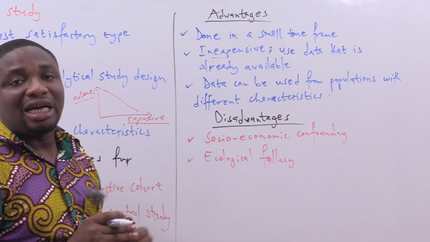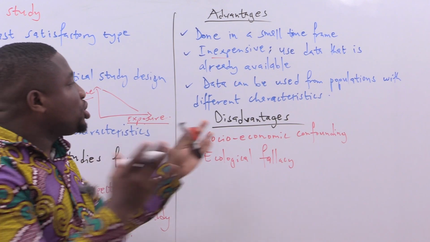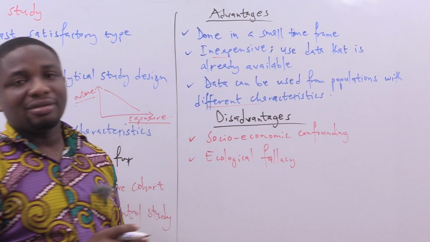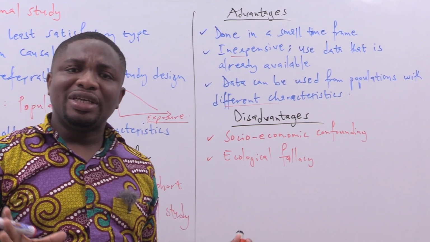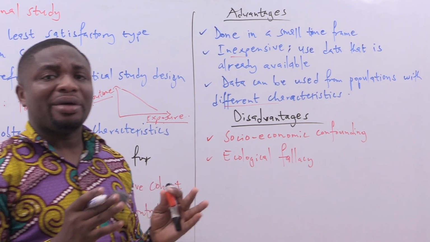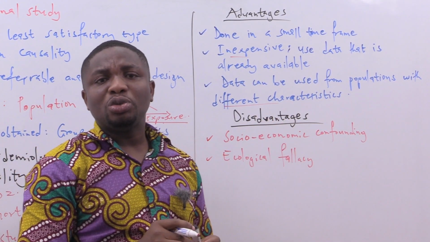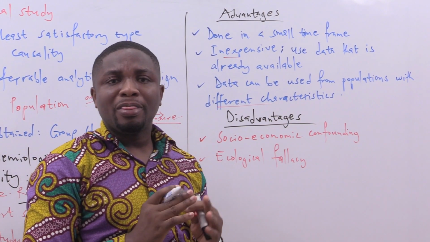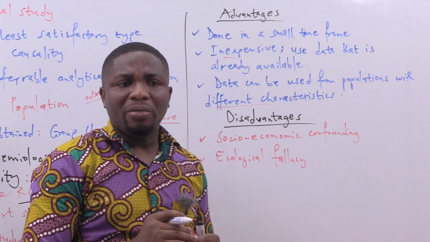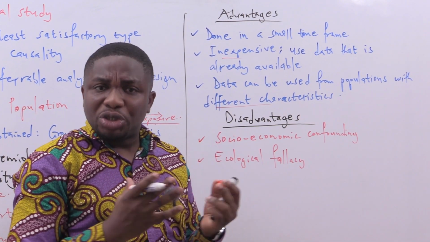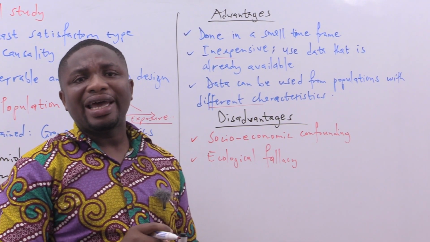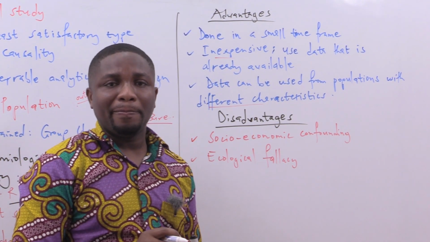The next advantage is that data can be used from populations with different characteristics. If you have a population exhibiting different characteristics, that data can also be used in ecological study because it is going to be comparing the association between the exposure and the outcome.